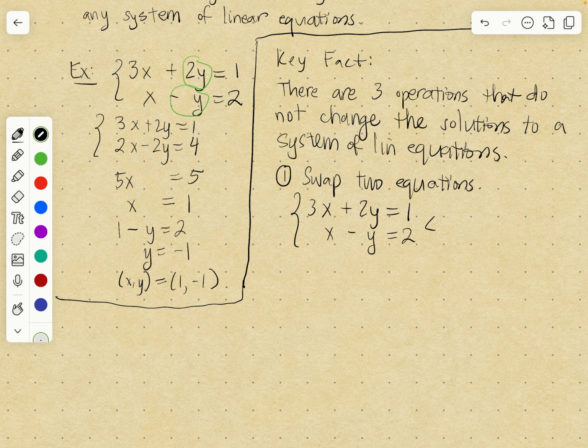If I swap the two equations and make the first equation x minus y equals 2 and the second equation 3x plus 2y equals 1, these two are considered different systems of equations. But it's pretty much obvious that the first system is going to have the same solutions as the second system, right?